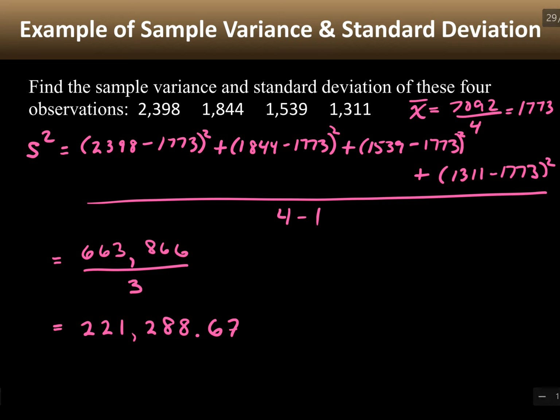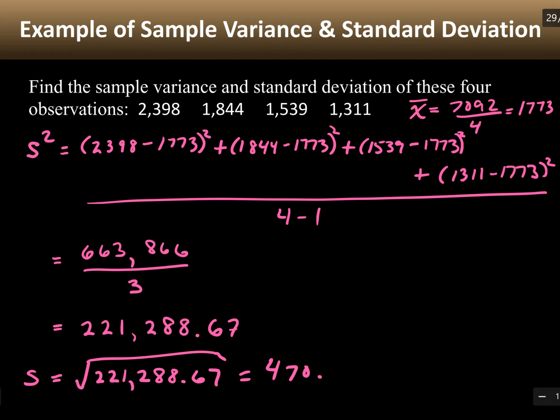All right, so the standard deviation, or formally the sample standard deviation, if you want to really be super clear, is just the square root of the variance, the sample variance. And that ends up being equal to 470.41.